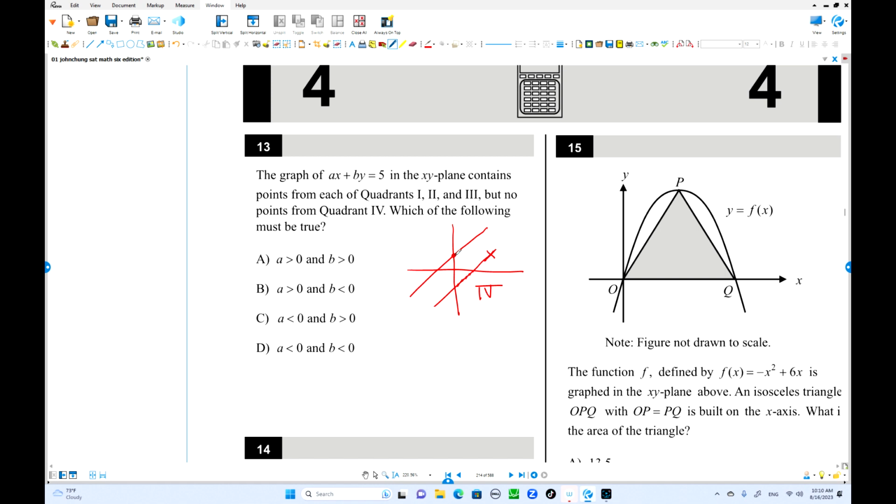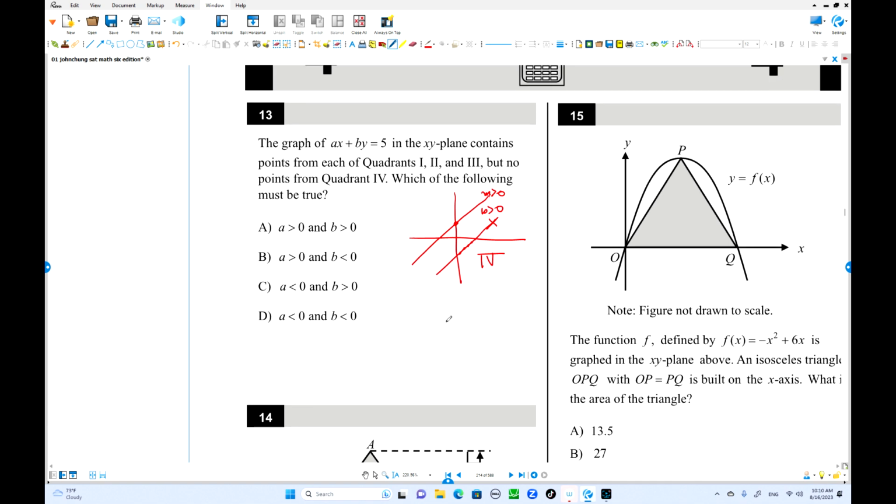Anyway, this is the y-intercept. So the slope must be positive and the y-intercept also positive. That's the condition. So what's the slope over here? This is y equals negative a over b x plus 5 over b. From here, first check the y-intercept. This must be positive, so b is positive.